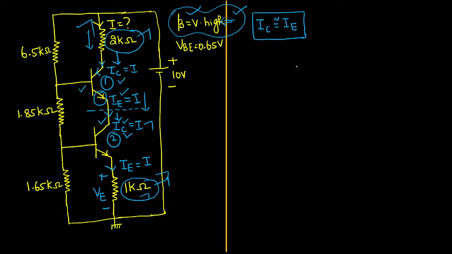Remember one more thing. When beta is large, we say the collector current is approximately equal to the emitter current. Emitter current is the algebraic sum of base current plus collector current. This is the actual relation.